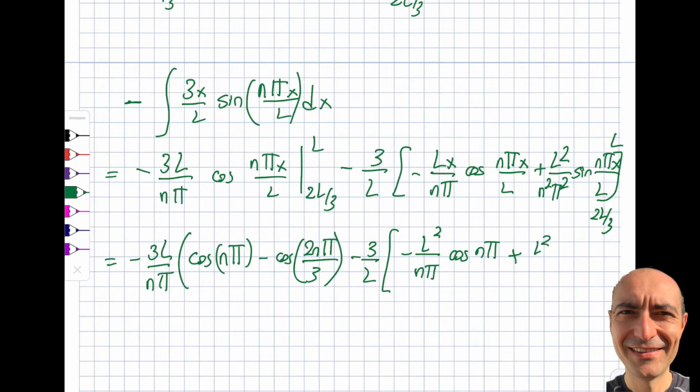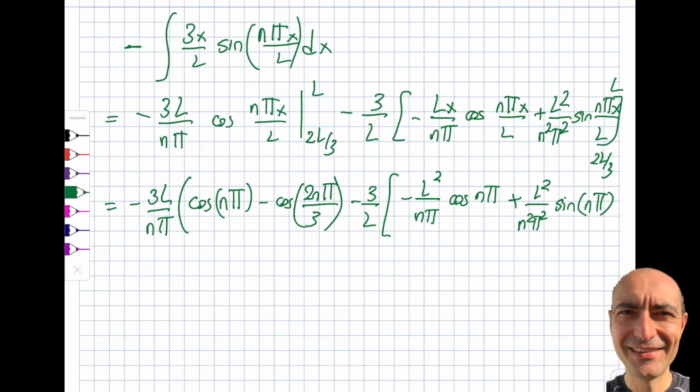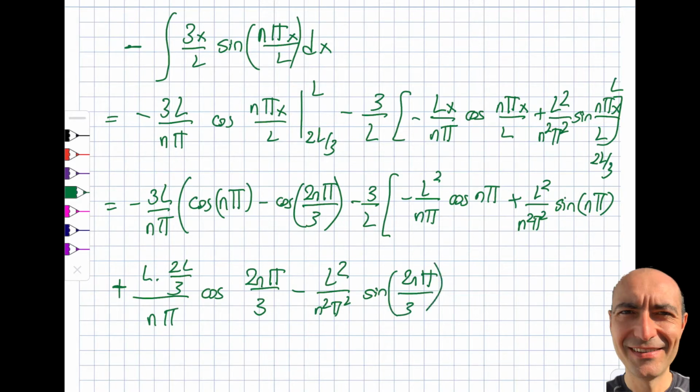It's going to be L squared by n squared pi squared times sine of n pi. Then I will put a negative sign, because now I'm going to put 2L by 3. But this first term has a negative in front of it already, so it's going to be L times 2L by 3 by n pi cosine of 2n pi by 3, this time minus L squared by n squared pi squared sine 2n pi by 3.